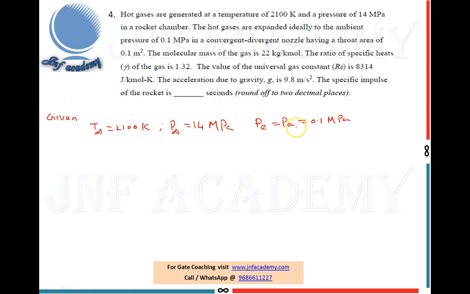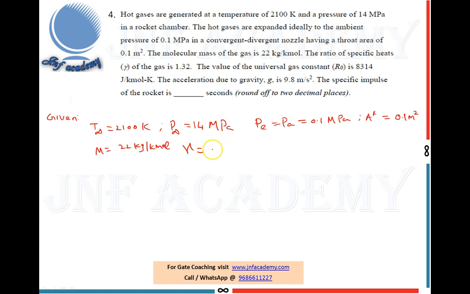The throat area A star has been given as 0.1 meter square. The molecular mass of the gas is 22 kg per kilomole. So the molecular mass M is equal to 22 kg per kilomole. The ratio of specific heat, gamma, is given.